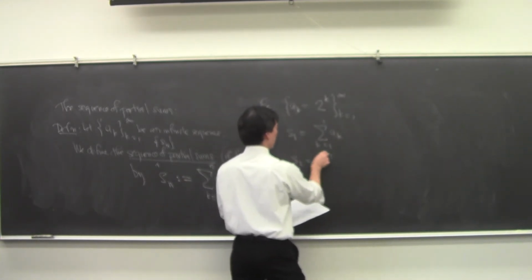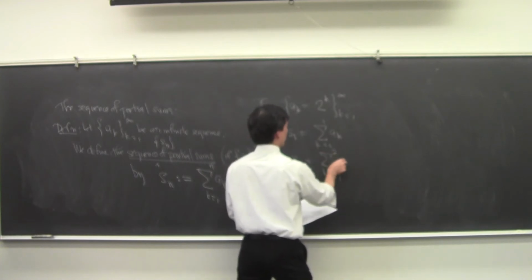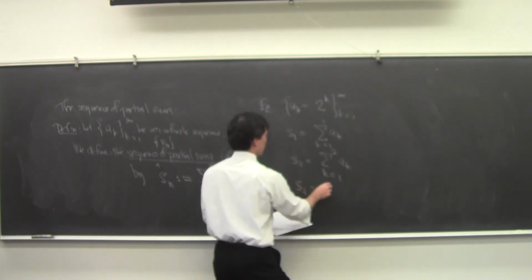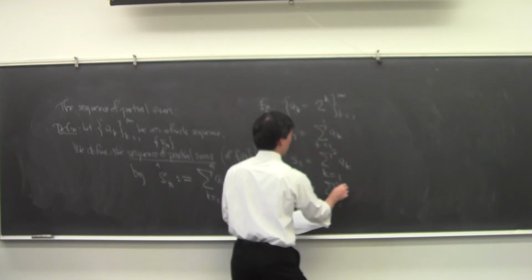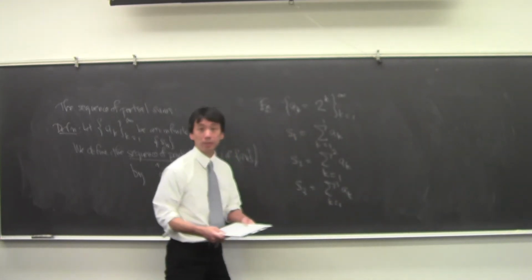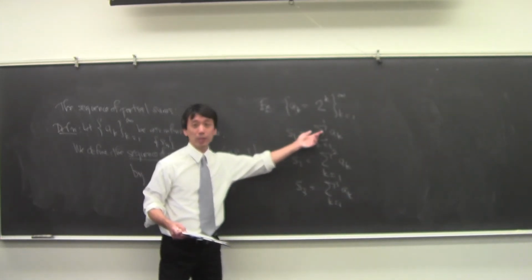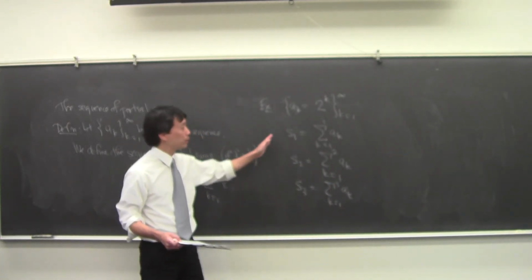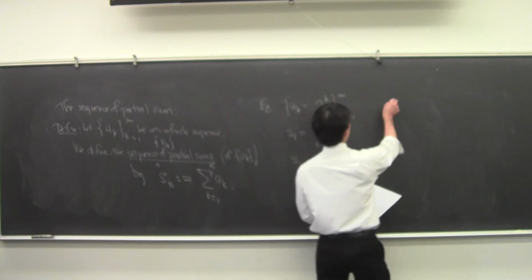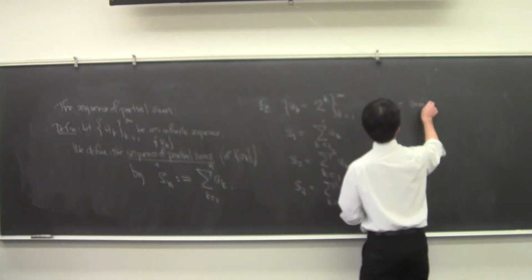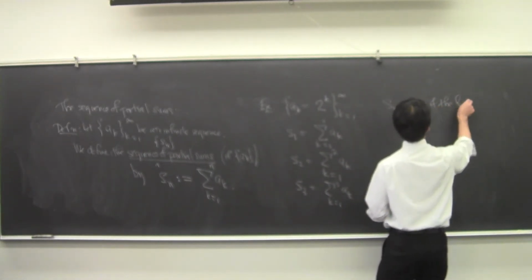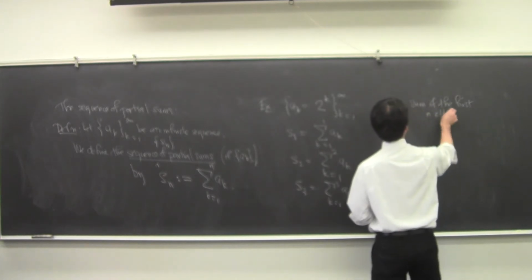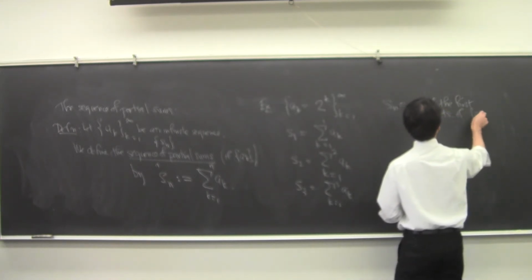S2 is the sum from k equals 1 to 2. S3 is the sum from k equals 1 to 3 of the a sub k's. The sum of the first element, the first two elements, the first three elements, and so on. Okay? So S of n is the sum of the first n elements of the a sub k.